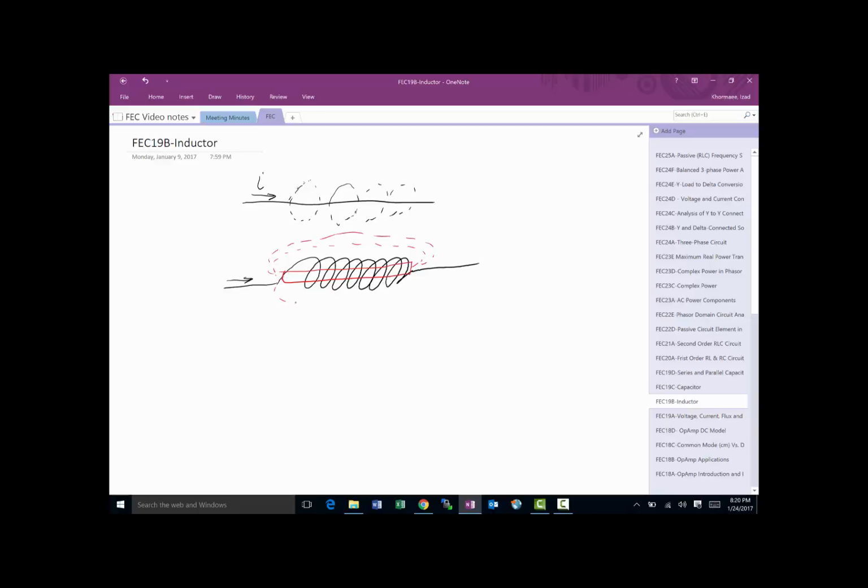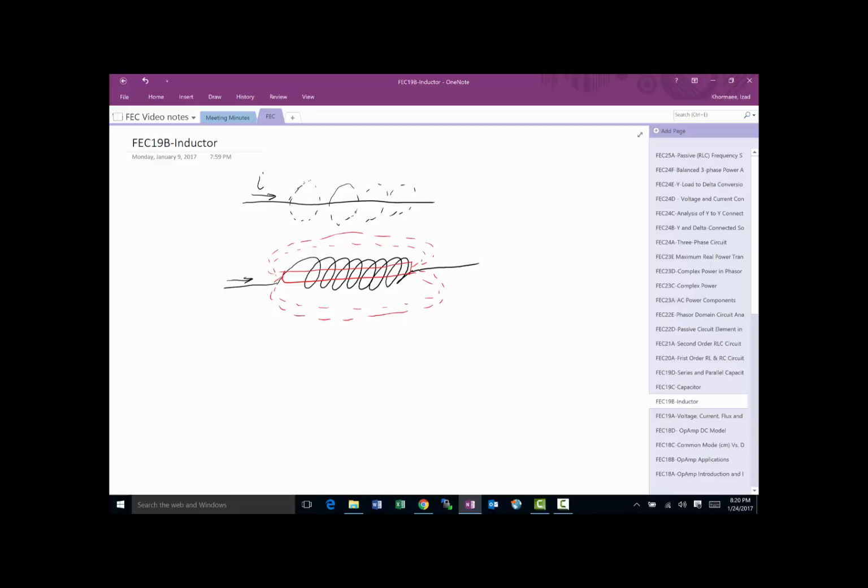Although the conductive core is not absolutely necessary, you can make inductors with the core being air, but it would be more efficient if the core was metal.